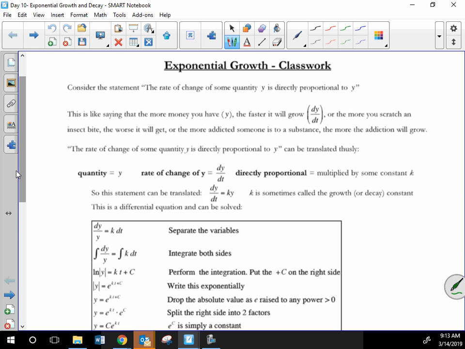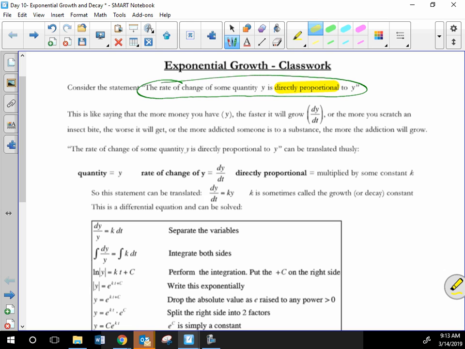All right, so whenever you see this statement, the rate of change of something is directly proportional to itself. Key thing here, directly proportional to itself. Then what that means is that my rate of change, so dy dt, we'll just say, right? We're talking about a rate, so dy dt is directly proportional to y. Now, back in Algebra 1, you learned about direct variation and inverse variation. If y was directly proportional to x, we would say y equals k times x.